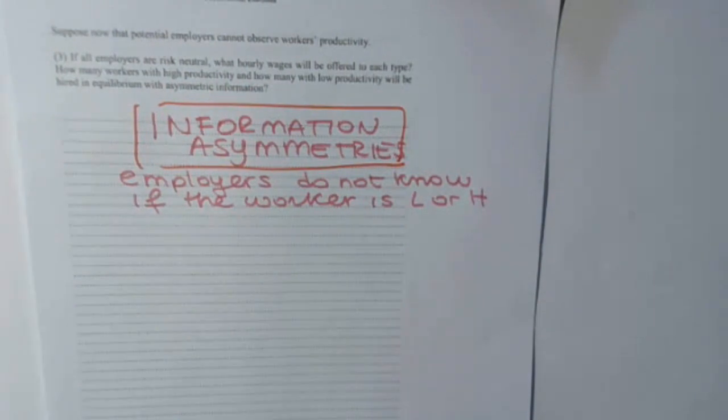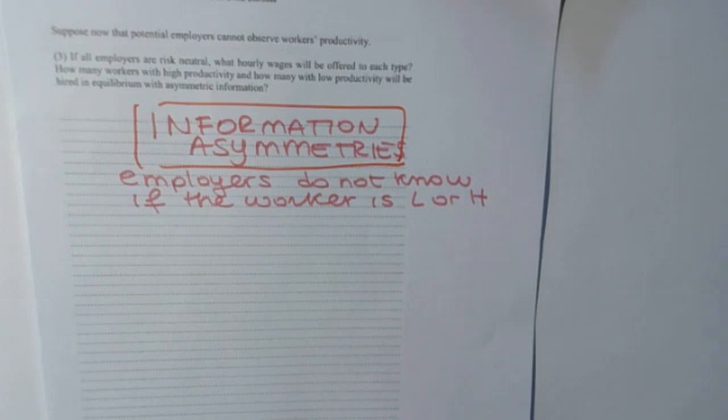Okay, and now the question is, if all employers are risk neutral, what hourly wage will be offered to each type? And again, how many workers will be hired? So basically, we have to repeat the same that we did for point 1, but under information asymmetry.